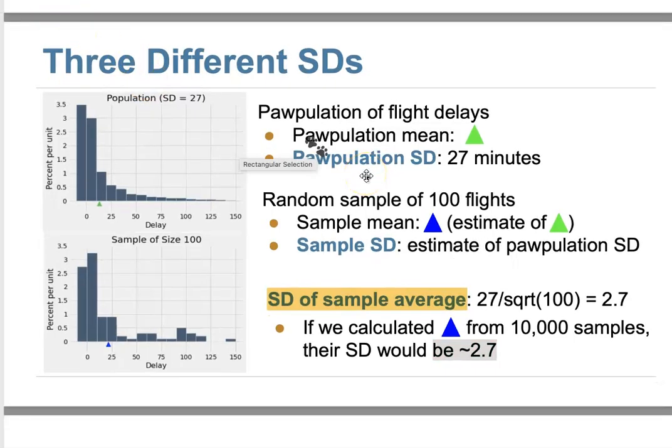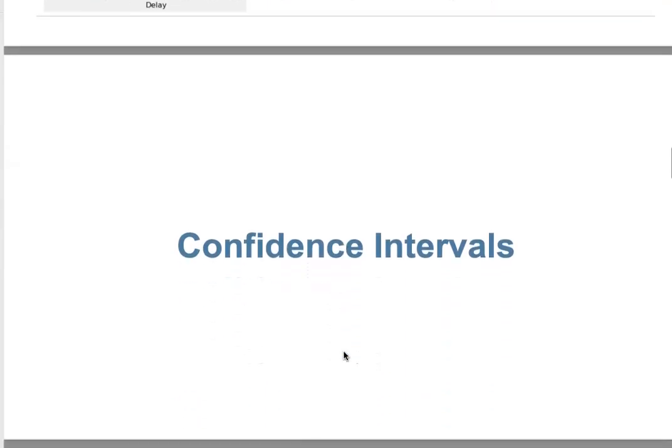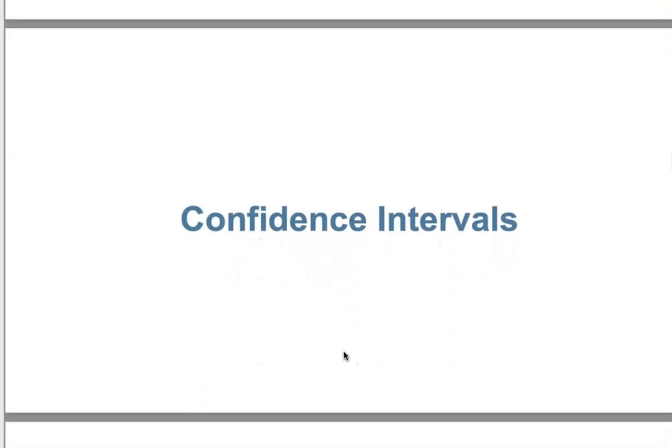From all these different standard deviations, we can take one sample and estimate the population mean in a range. This brings us back to the confidence interval. If you remember, we first introduced the confidence interval with the bootstrap. It is the same thing: we try to estimate the population mean, but we only have one random sample.